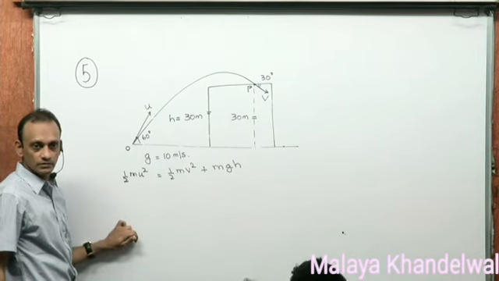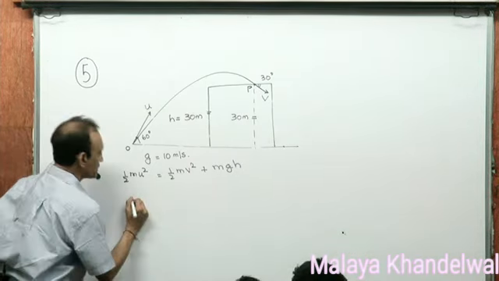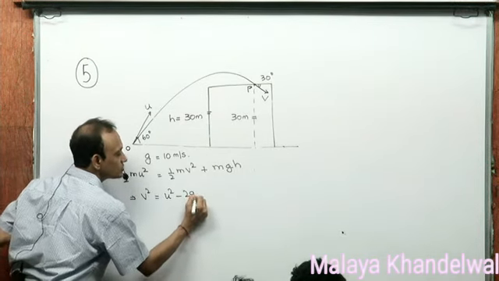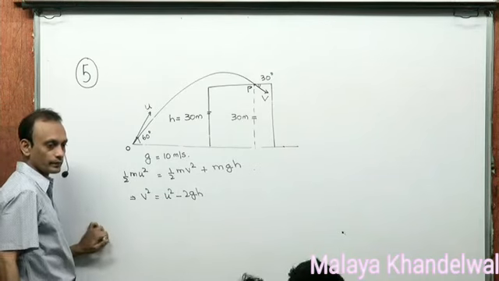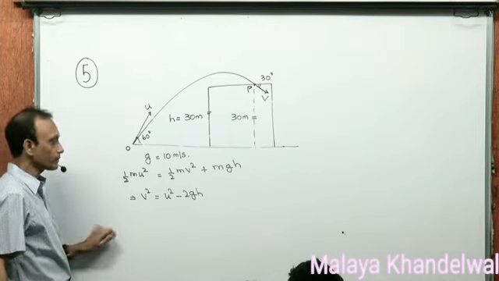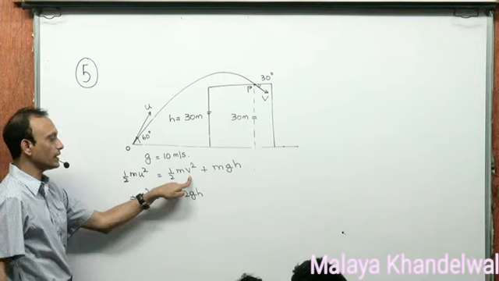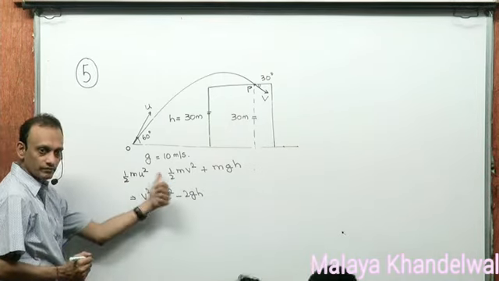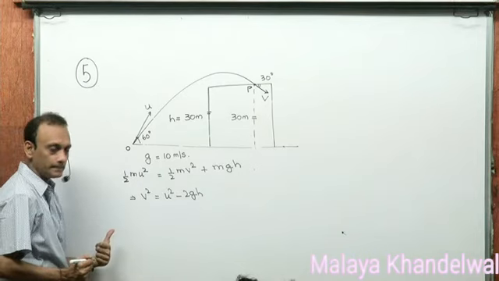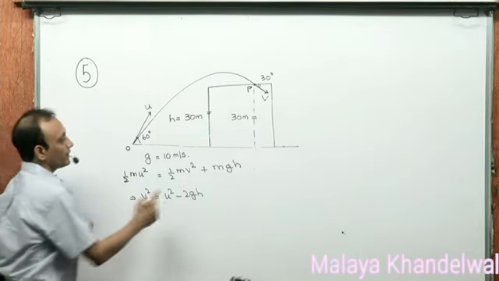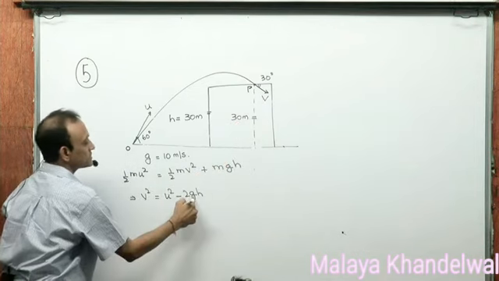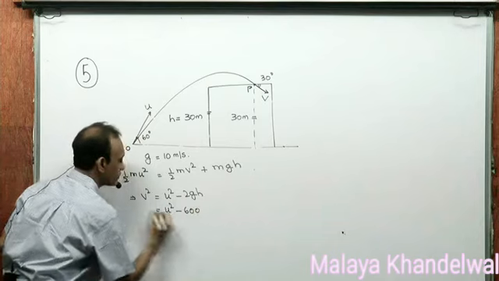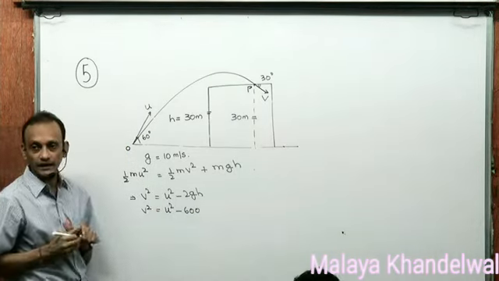Conservation of energy gives me v squared equal to u squared minus 2gh. Cancelling m, where h is 30 meters, so 2gh is 600, so u squared minus 600 is v squared, right?